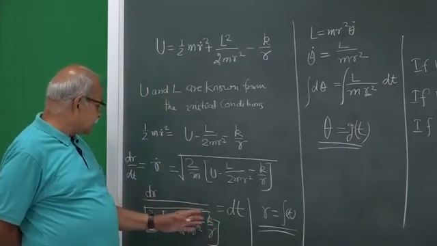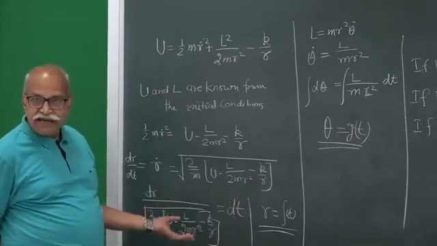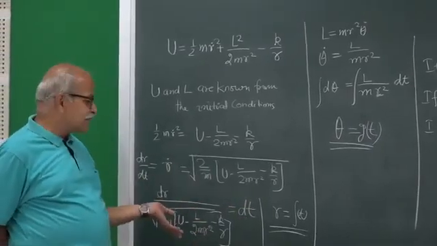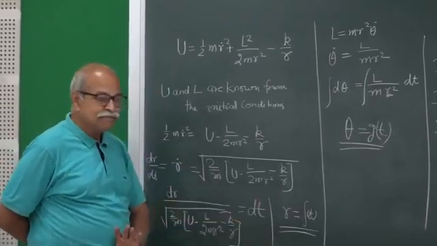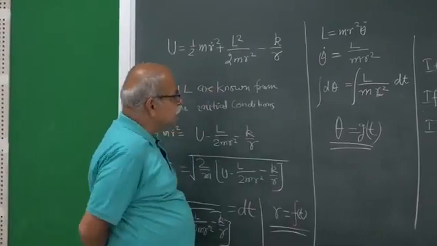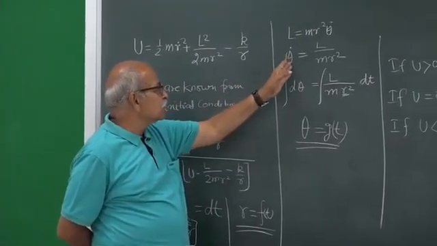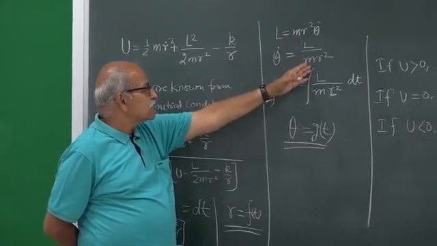So, you get t as a function of r, and then algebraically you manipulate and write r as a function of t. And once r as a function of t is obtained, then you can come to this equation, and from here you can write theta dot, which is L by m r square.